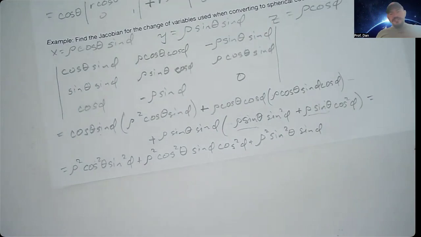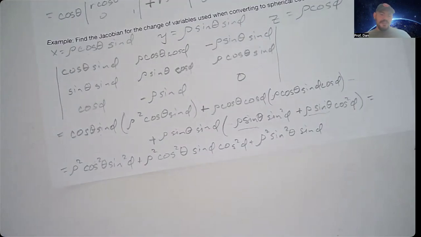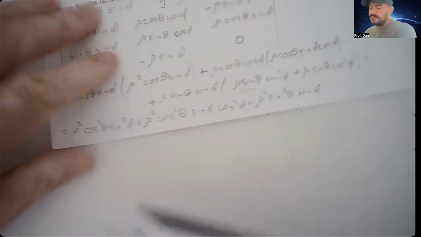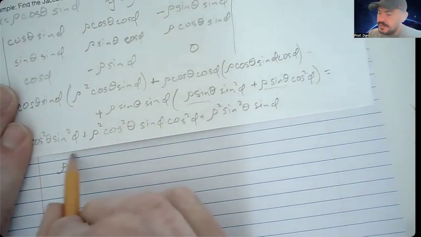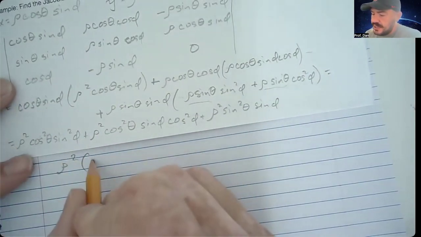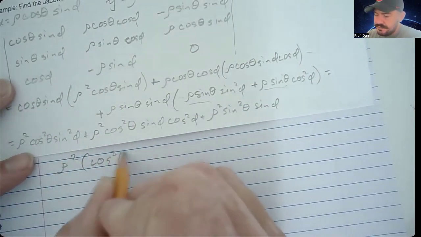Now, at this point, the algebra is a little bit hairy. One thing I notice is that all of these, I can factor out a rho squared. And when I do that, I'm going to leave behind all this.